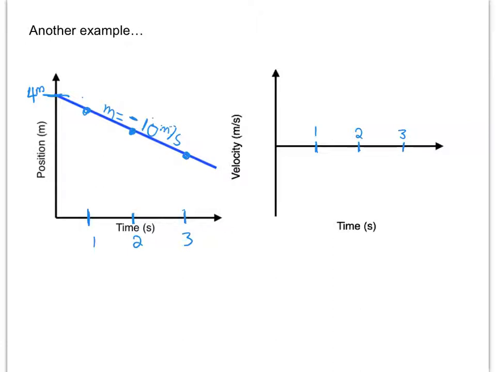So I'm just going to make up a -10 here. Let's say it's there, -10 meters per second. And we've got, for 1, 2, and 3 seconds, we've got -10 meters per second. And there it is.